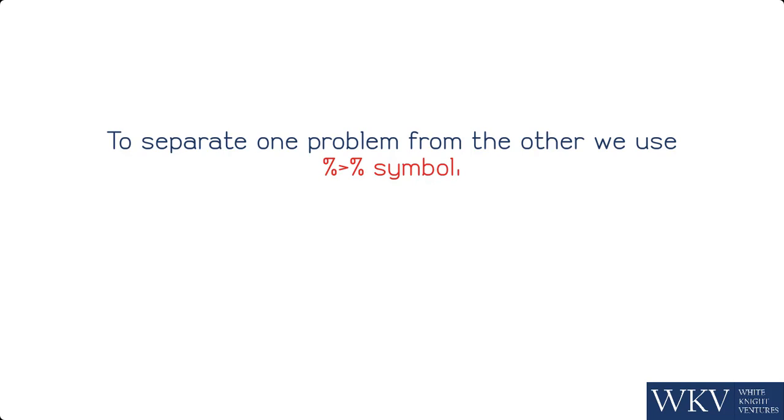Let us write the syntax for this function. We will first give the name of the dataset, which is sales. After that, we give the symbol percentage greater than percentage and then the first problem, in which we write filter item is equal to pen. Since we have mentioned the name of the dataset in the beginning, we do not have to do it again for any function.